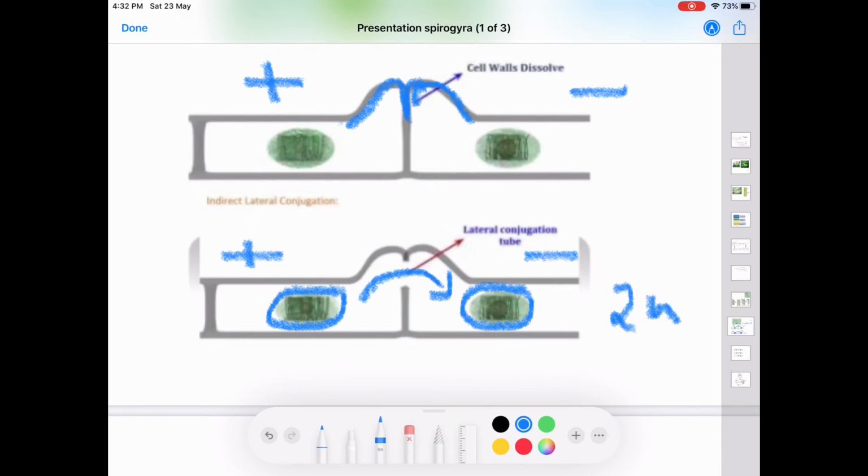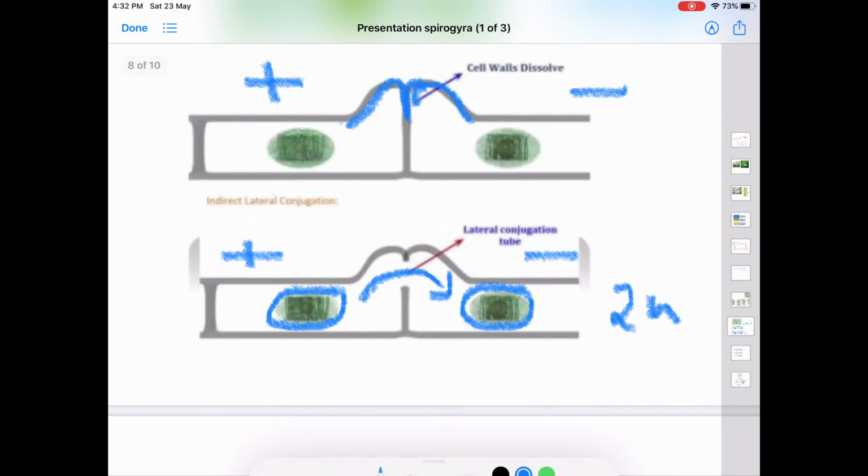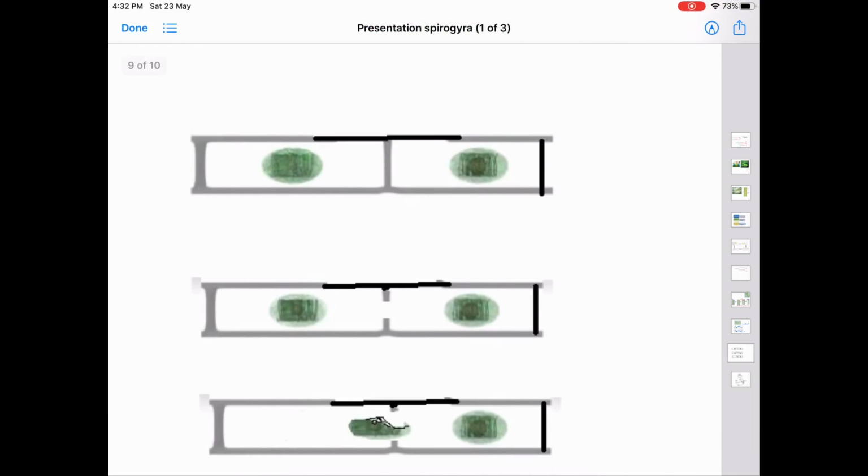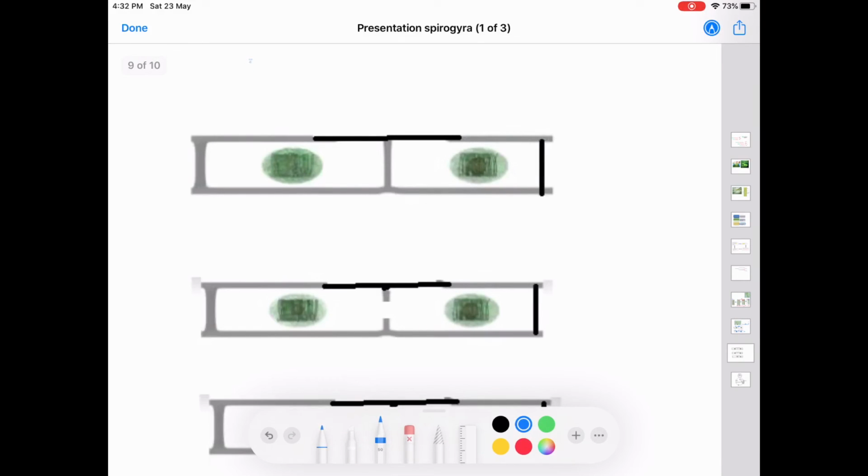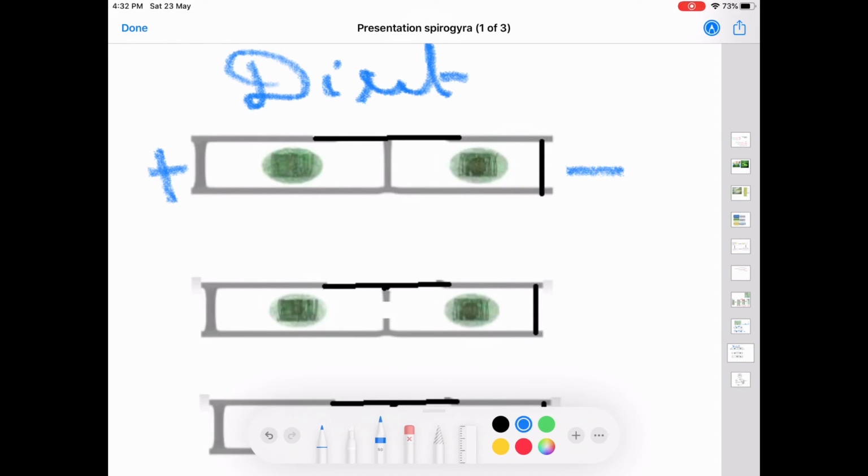and fuses with the female gamete producing a diploid zygote. In the case of the direct method of lateral conjugation, one cell is acting as the plus type and the other cell is acting as the minus type, and a conjugation tube is produced in the middle of the septa.